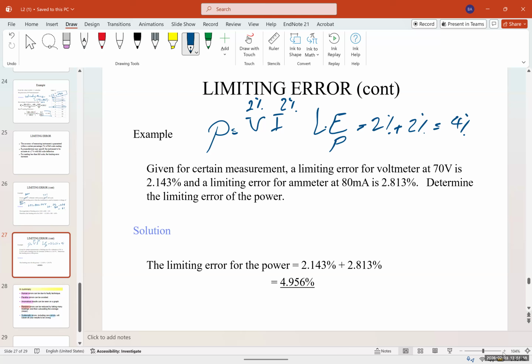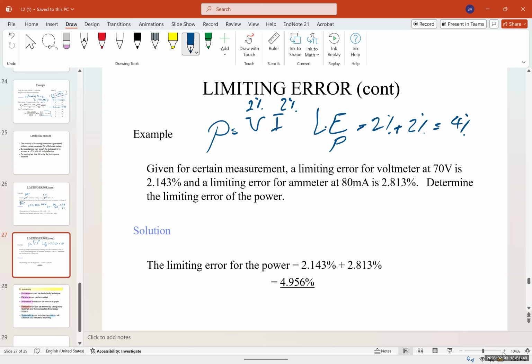This was an example. Now, an actual example that we have here, given for a certain measurement, a limiting error for voltmeter at 70 volts is 2.143%, and a limiting error for ammeter at 80 milliamps is 2.813%. We want to determine the limiting error of the power.